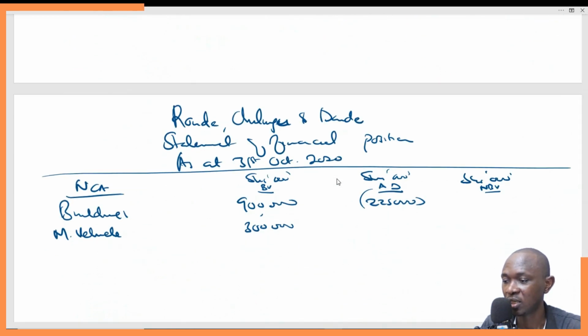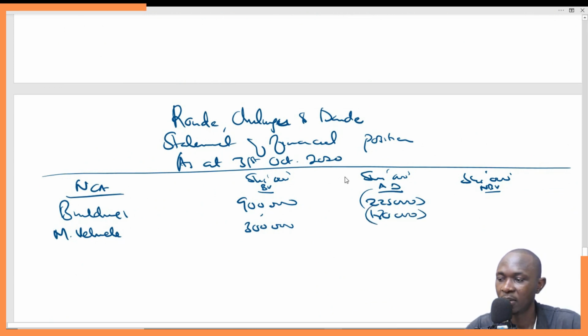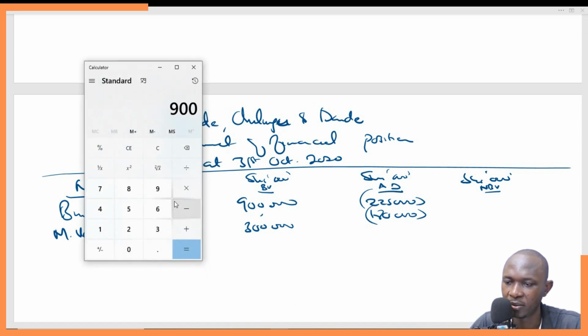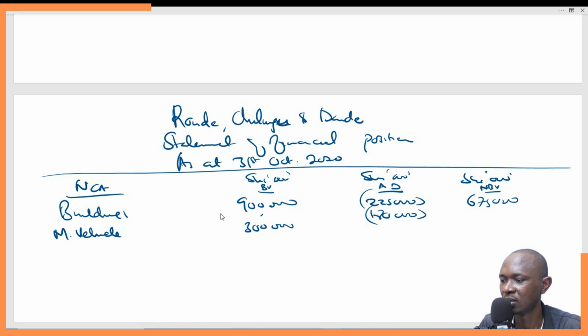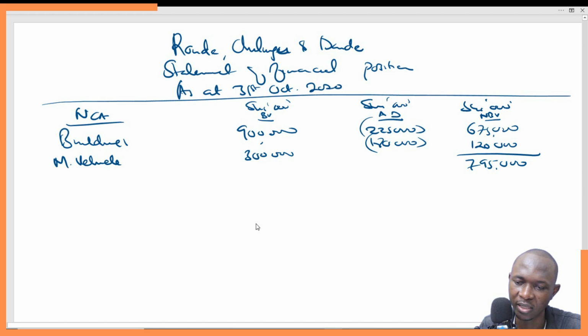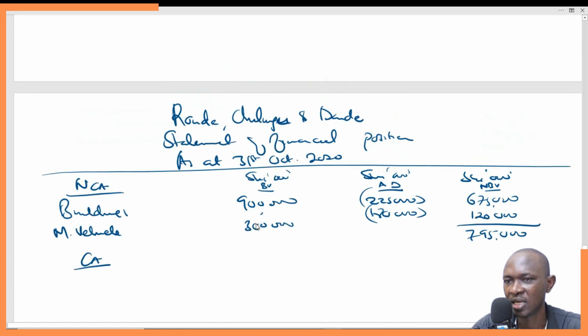So 900 minus 225, we have 675,000. And this side, 300 minus 180,000, we have 120,000. And if we don't have any other asset, then you simply add to get the total non-current assets, and then we move to current assets.